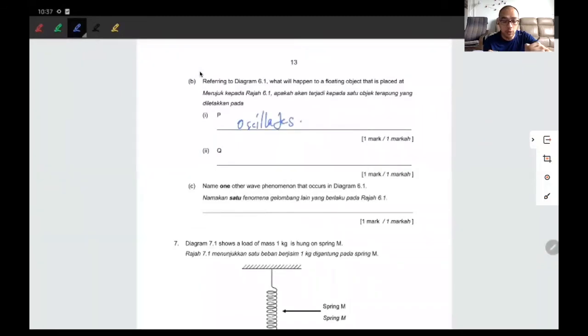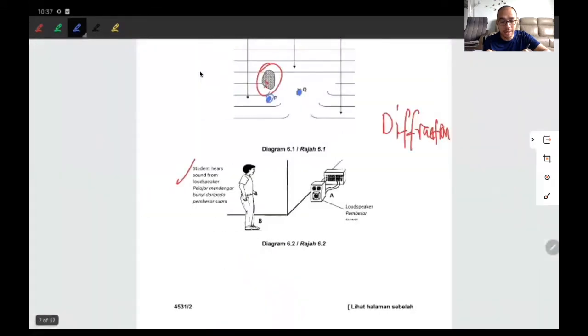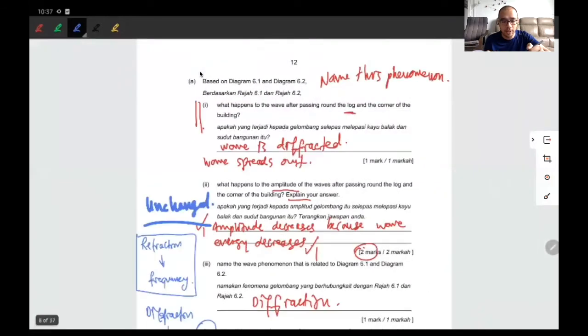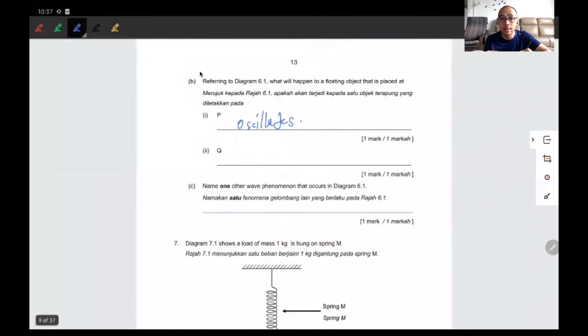But at Q, since there is no wave over here, since this wave has been diffracted, Q will be stationary. It will not move.